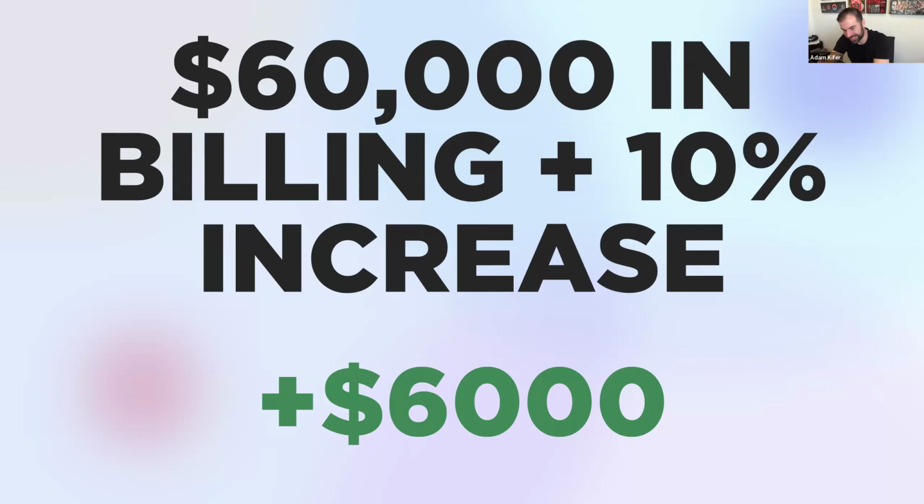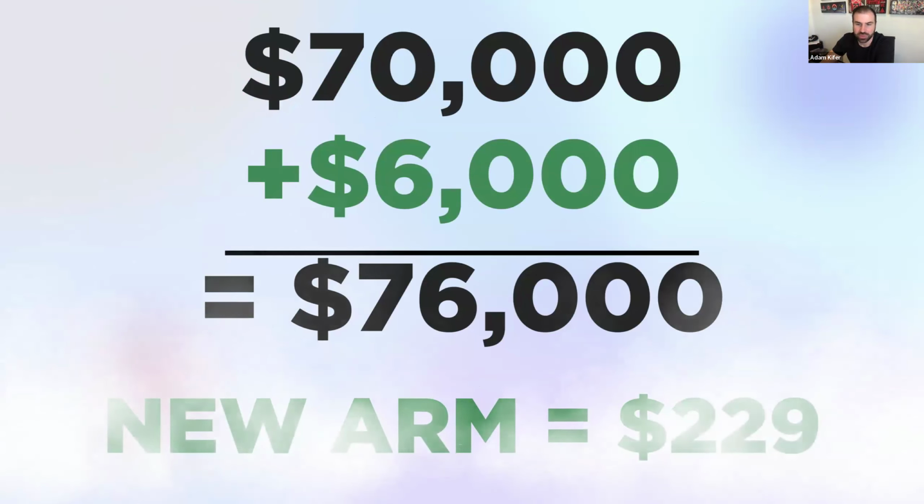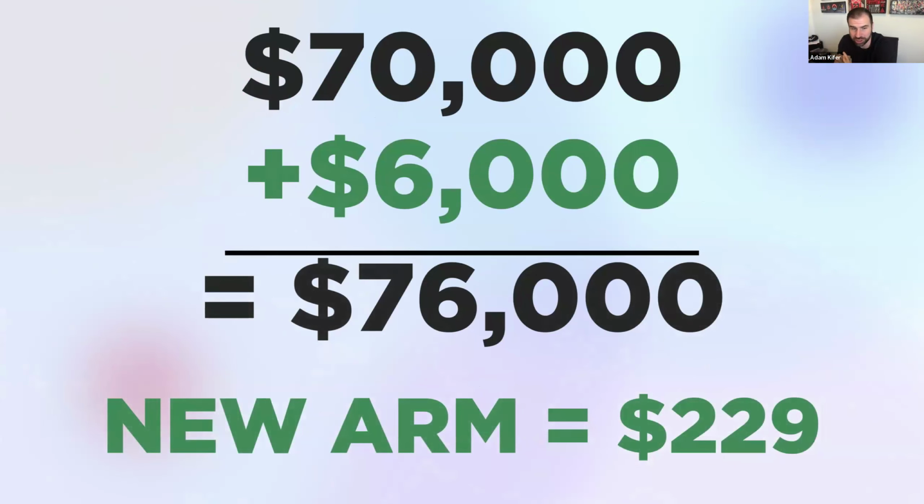That was it. $6,000 increase in billing. And by increasing that $6,000, it also took our ARM from $211 to $229 from sending out one single email about price increases. It's amazing. It went up $18 average revenue per member from sending out one email.